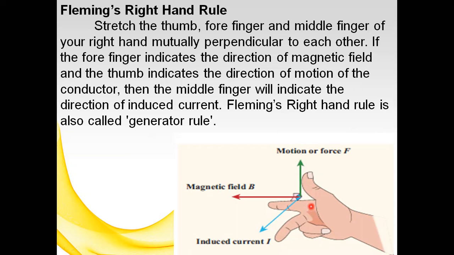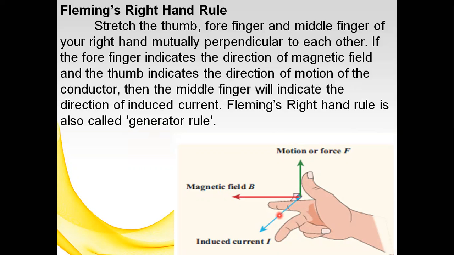The forefinger points in one direction, the thumb is upward, and the middle finger is perpendicular to the forefinger. For the right hand rule, the thumb indicates the direction of motion of the force, F. The forefinger indicates the magnetic field.